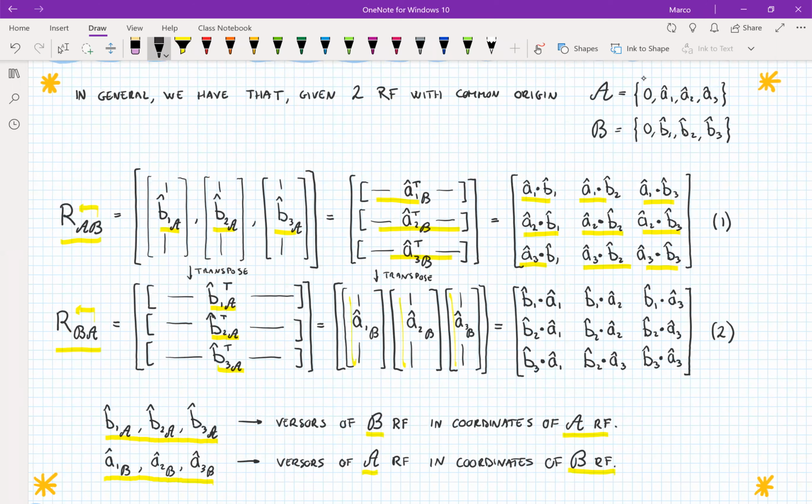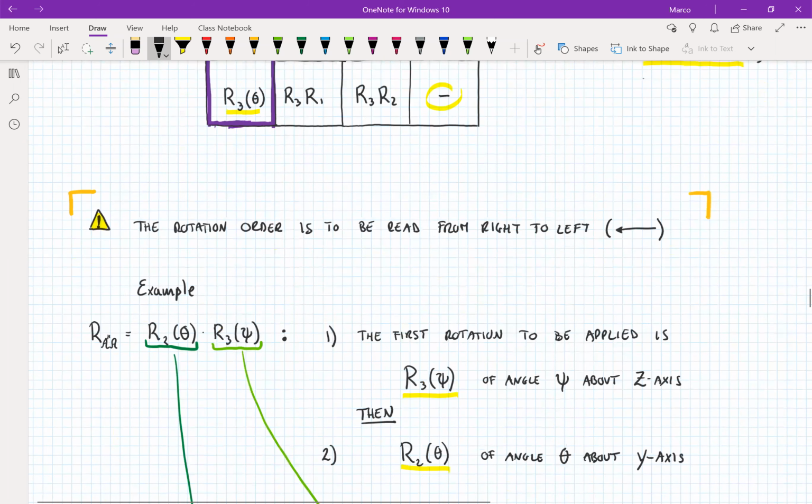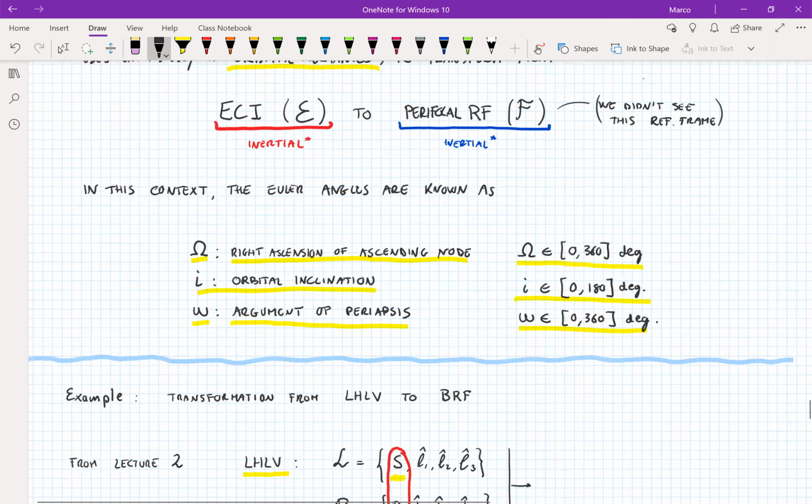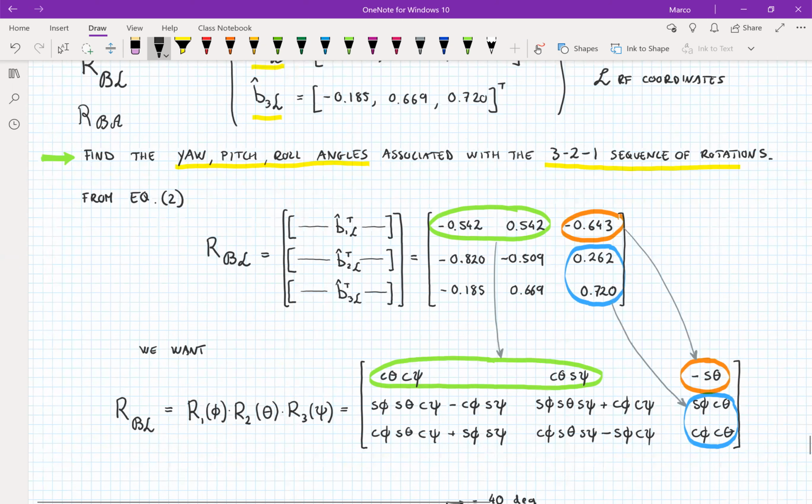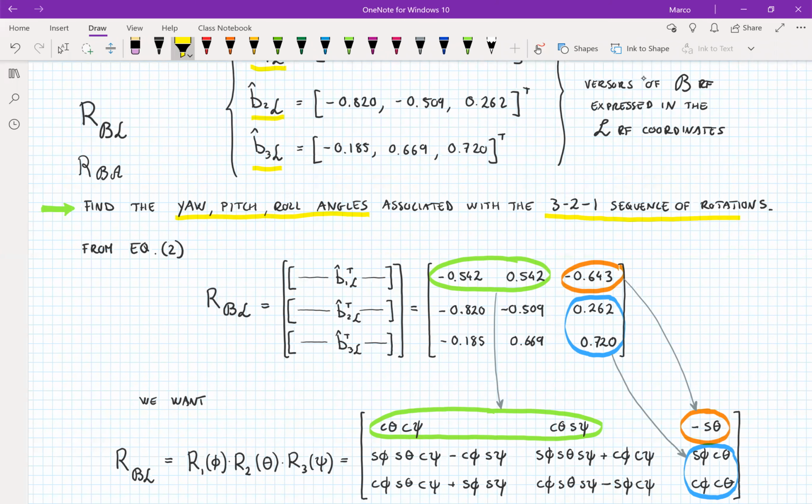We find that RBA is given by the versors B1, B2, and B3 expressed in the other reference frame. So in this case, A is equal to L, placed as rows. So we can easily find that the rotation matrix is formed by the rows B1L, B2L, and B3L. Of course, the three have to be transposed.